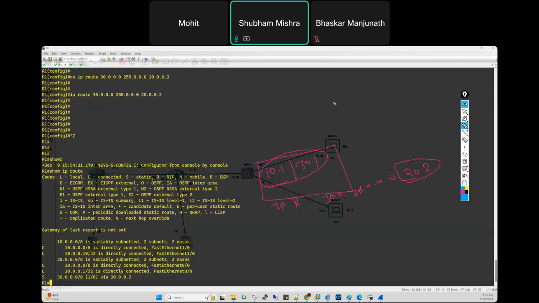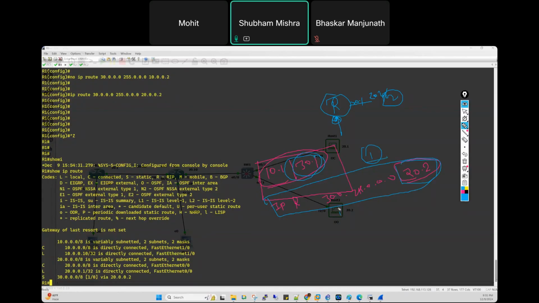When the packet reaches the router interface, what does the router do? Router first of all checks: for the 30 network, I have a route. According to this route, I need to forward this packet towards 20.2. Agree? In step number 1, यही तो समझा router ने.